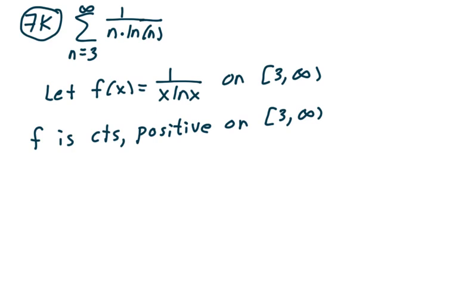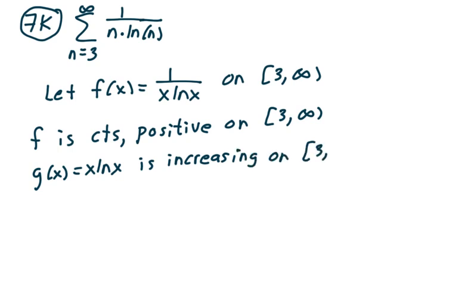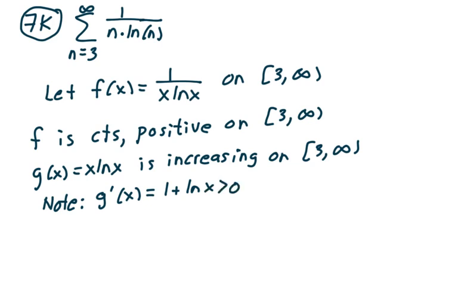Now, one thing you can keep in mind is that g of x, which is x ln x, is increasing on 3 to infinity. Because, note, g prime of x is 1 plus natural log of x by the product rule, which is positive on 3 to infinity.